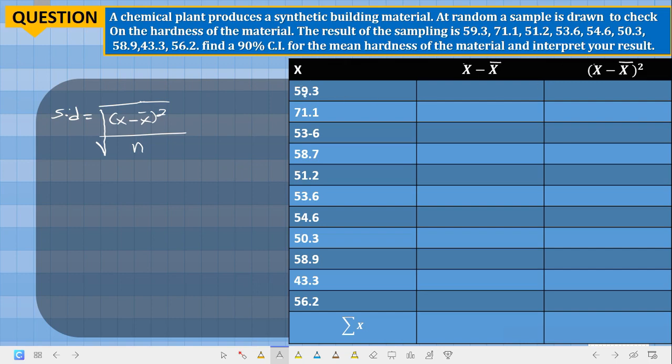To get our mean, we sum everything here together with the calculator, and this will give us 810.